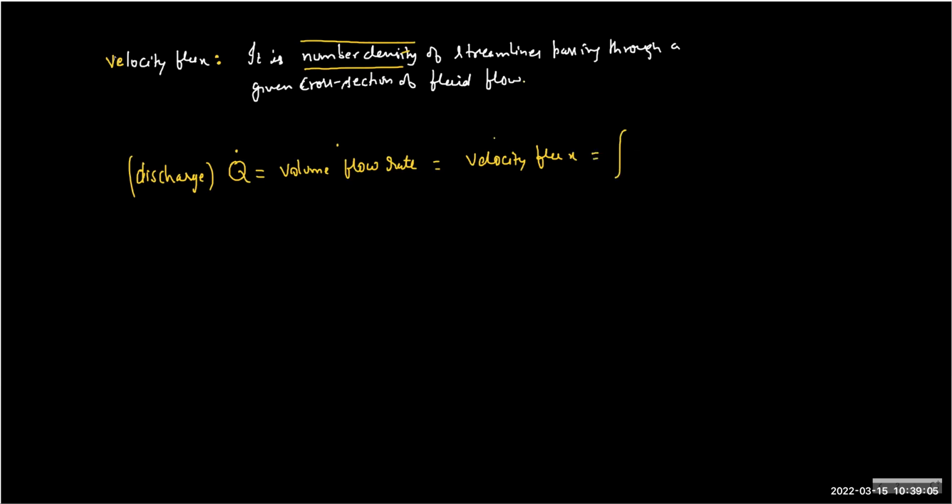And the definition is V dot dA. So if we have a cross section and a streamline flow, generally this will reduce to simply AV, and we can prove it. It's very simple.